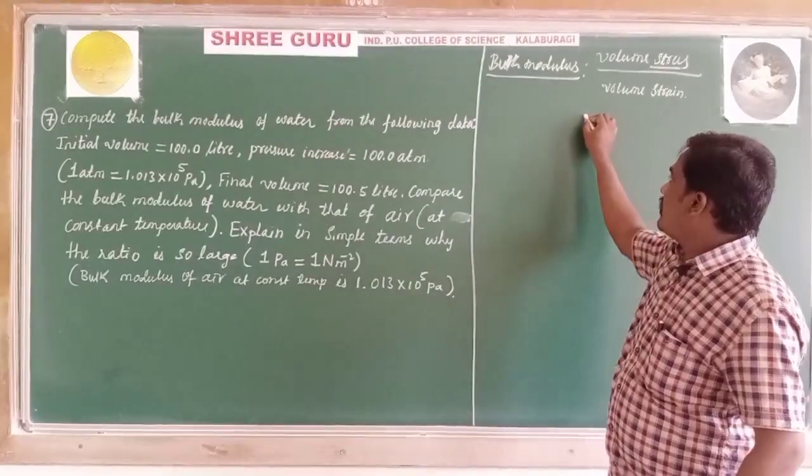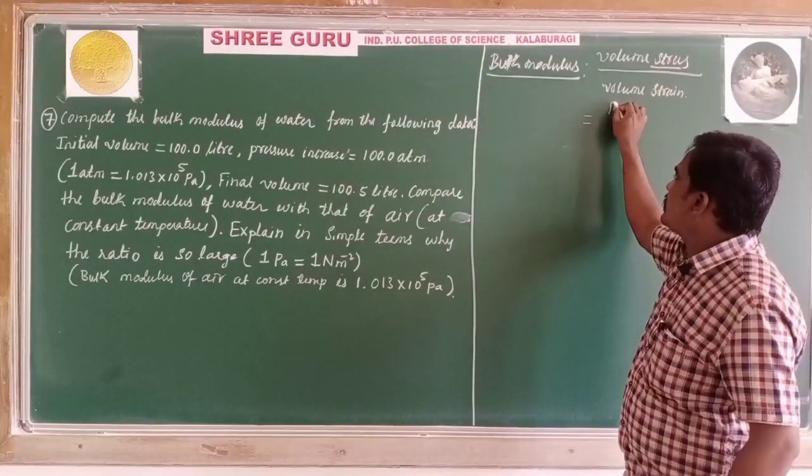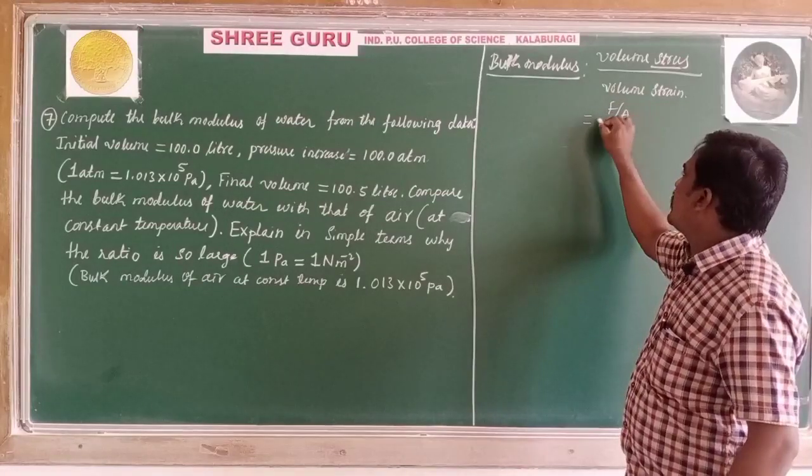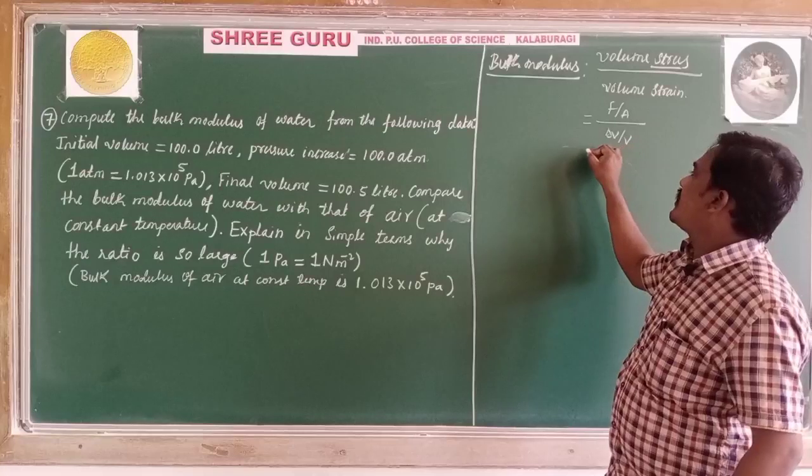Here in this bulk modulus, the volume stress, always keep in your mind, stress means force acting per unit area. Volume strain means change in volume with respect to original volume.